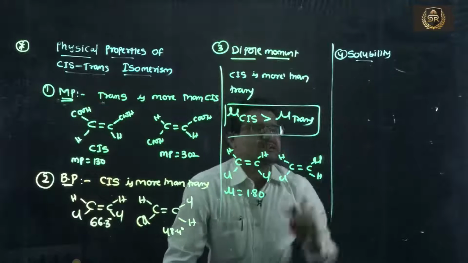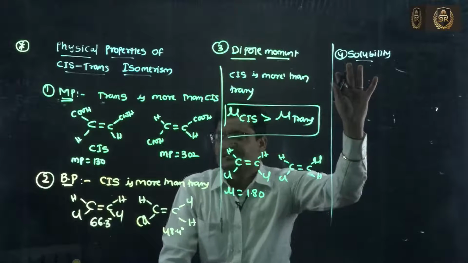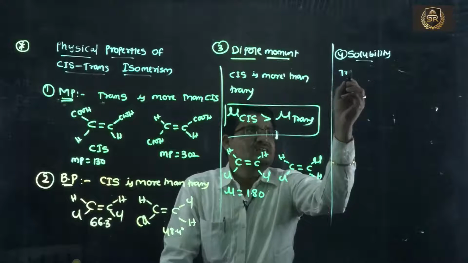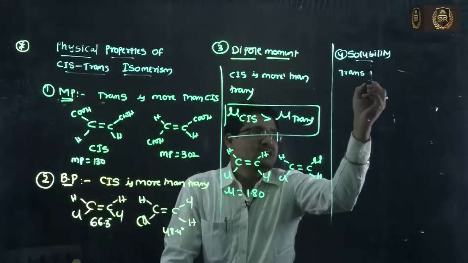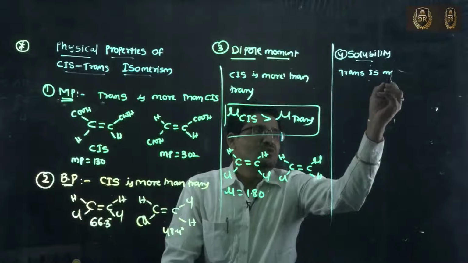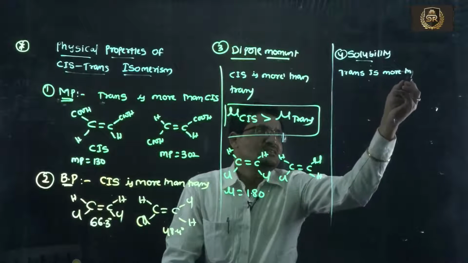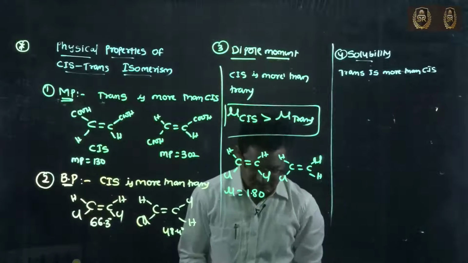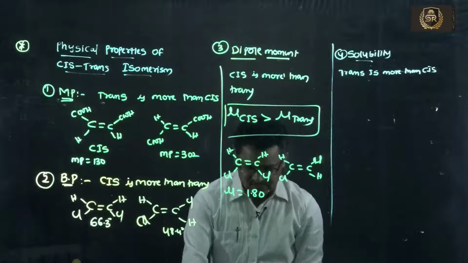S is nearby trans. The S letter is followed by trans. That's why trans is more than cis. This is solubility.